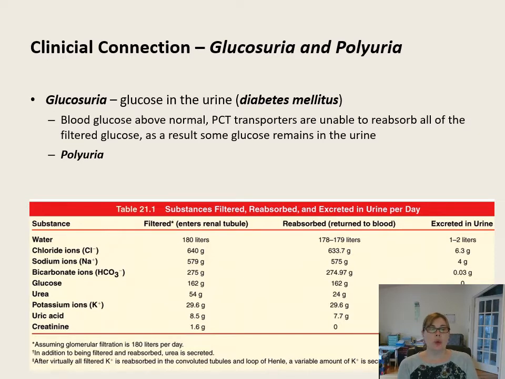And so when you have glucosuria, it means that you have glucose in your urine because you have excess sugar in your blood. So excess glucose in your blood leads to excess glucose in your urine.